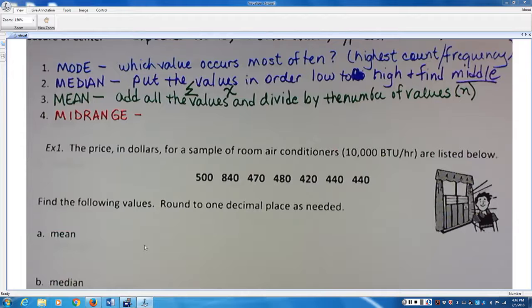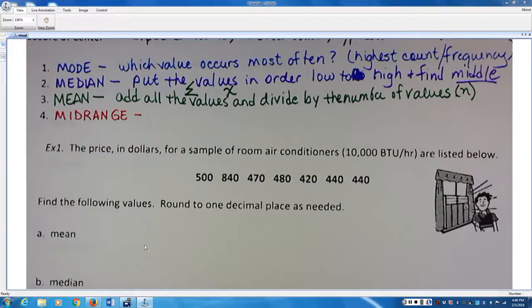Because a mid-range isn't something statisticians use. And you're going to see why we don't use it, even though there's a lot of people that will use a mid-range, but they use it to mislead you. So we're going to see why the mid-range, while you can define it as a measure of center, is not a very good one, not a very useful one.